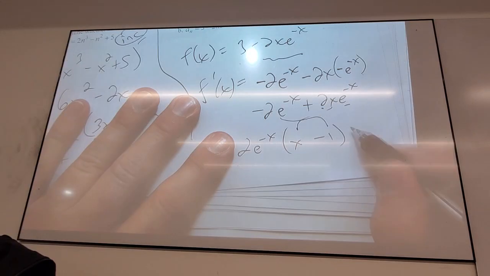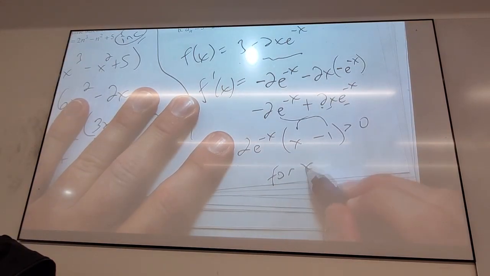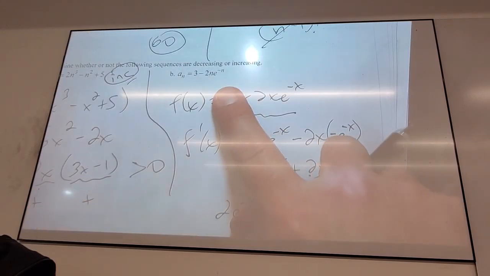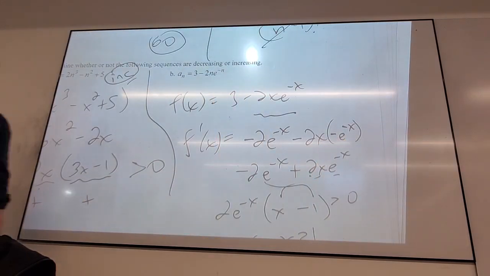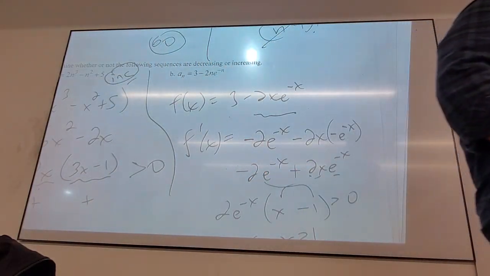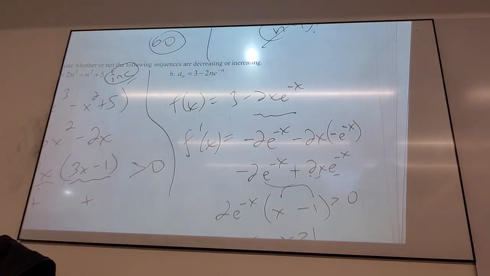So this one is greater than 0 for x greater than 1. So this sequence is basically always increasing because it's only flat at the first element, because the slope is positive, okay?